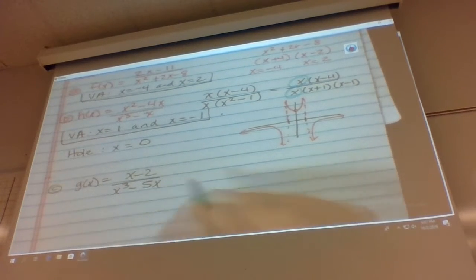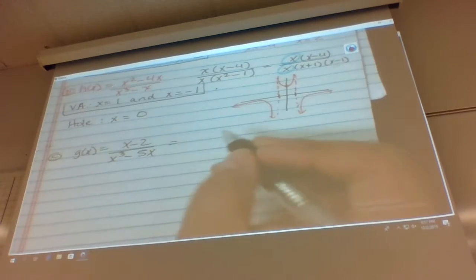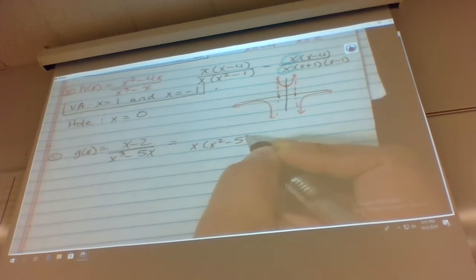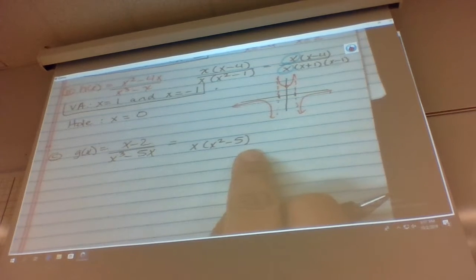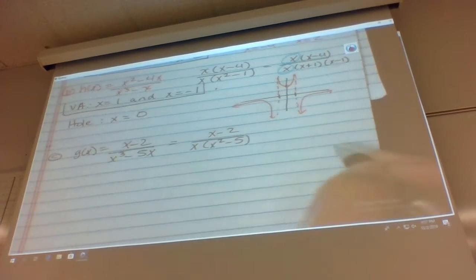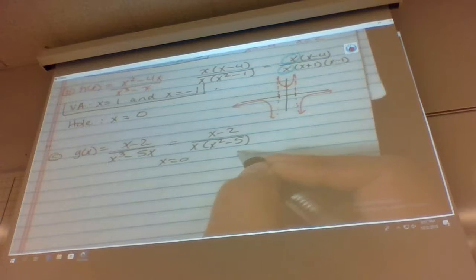Factoring wise, no. So now, what do we have to do? Set them equal to 0. So I have x equals 0, but also x squared minus 5 equals 0. This one's already done, correct? That comes from the top. No, from here. Oh, okay. And that's from there. Plus 5 is correct, thank you.